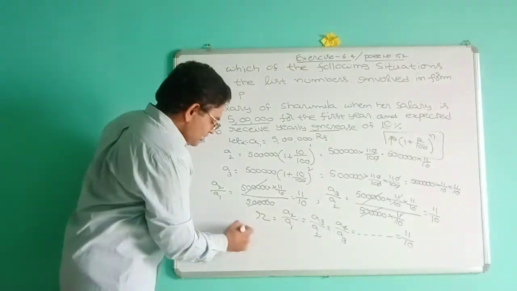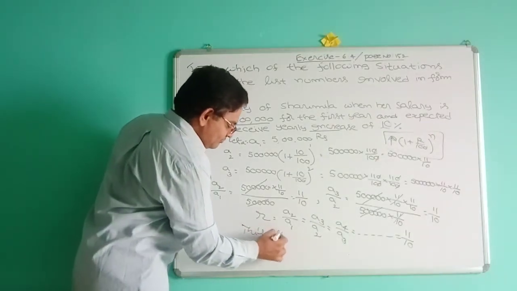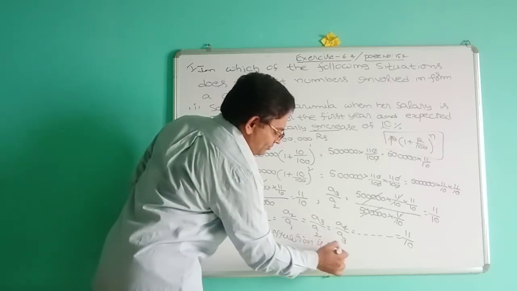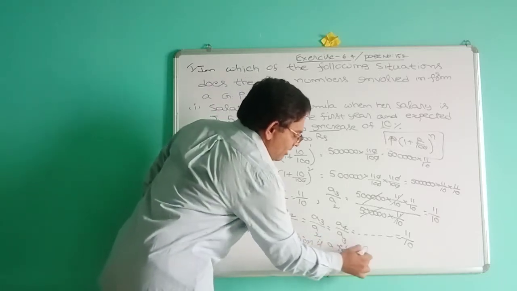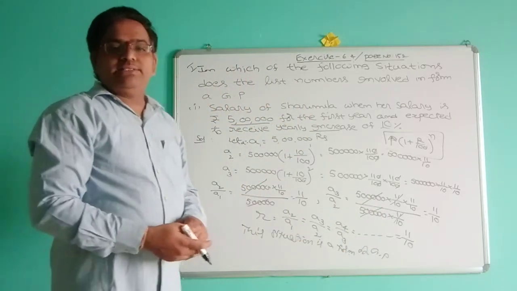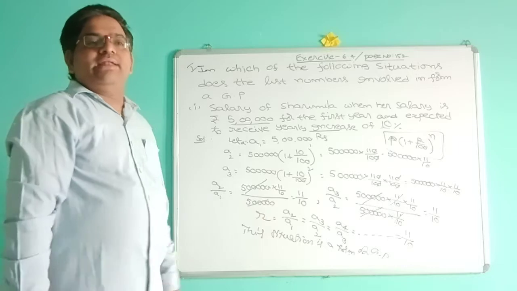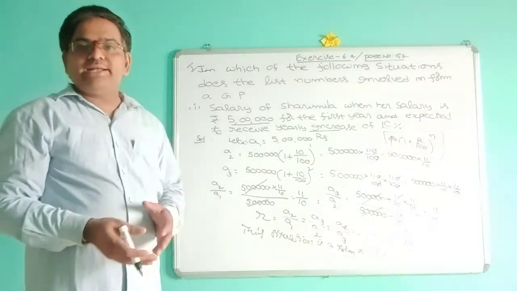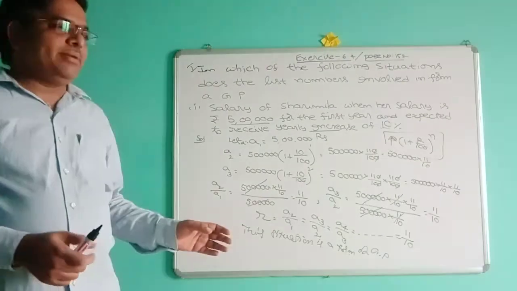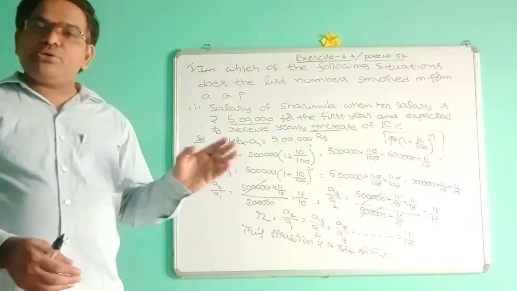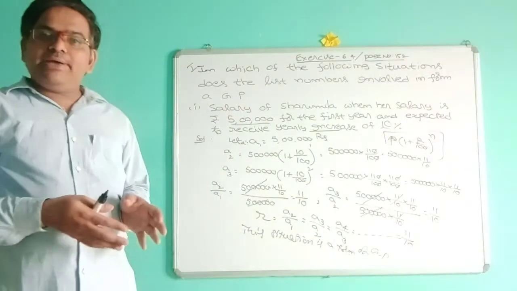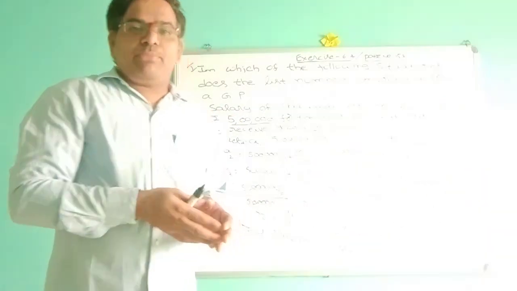That's why this situation is in the form of a GP. So indirectly, for any situation given, to check whether it is a GP or not, first find the common ratio. If the ratio of two consecutive terms is fixed, then automatically that situation is called a geometric progression.